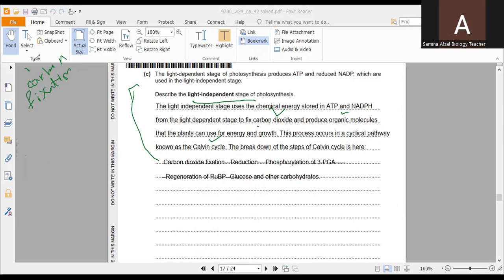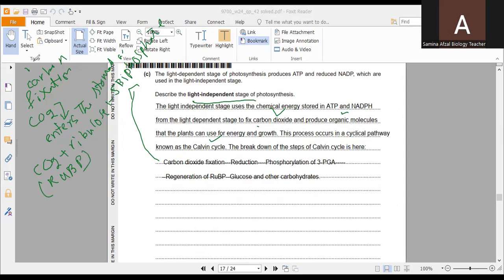The carbon dioxide from the atmosphere enters the stomata and combines with a 5 carbon molecule called ribulose 1,5 biphosphate, which is also called RuBP.